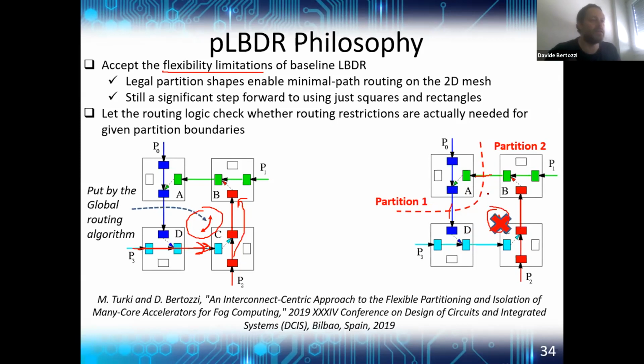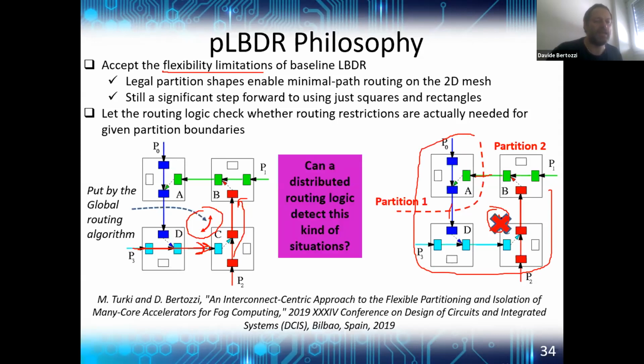At the same time, this routing restriction should be considered for different partition shapes. For instance, for a partition shape where all the 4 switches belong to the same partition, then it makes sense to consider this routing restriction. So now the basic idea is, can a distributed routing logic detect that we are in this kind of situation and selectively mask this routing restriction?